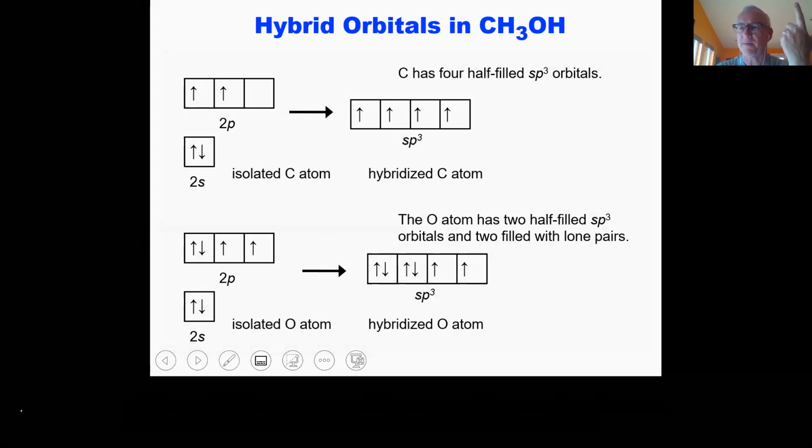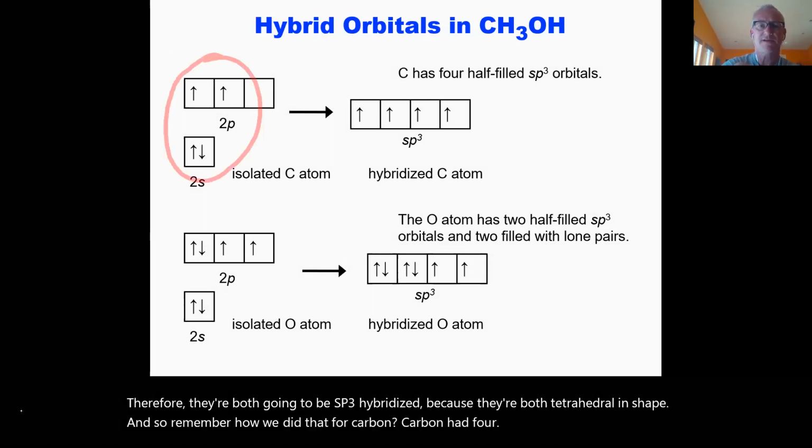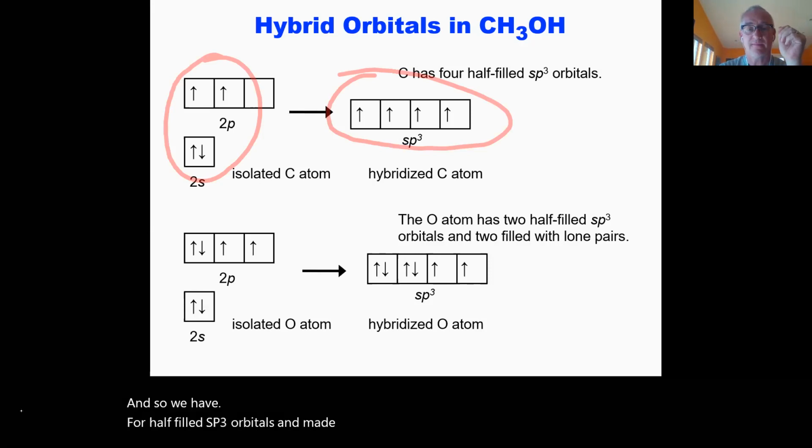Therefore, they're both going to be sp3 hybridized because they're both tetrahedral in shape. And so remember how we did that for carbon. Carbon had 4, and so we had 4 half-filled sp3 orbitals and made 4 bonds that looked identical.